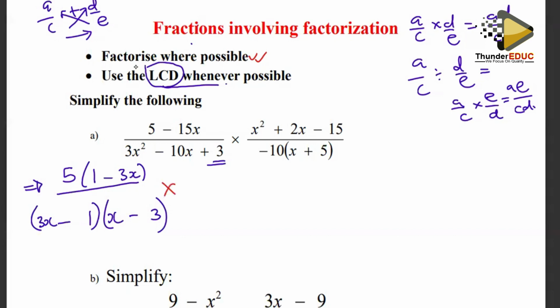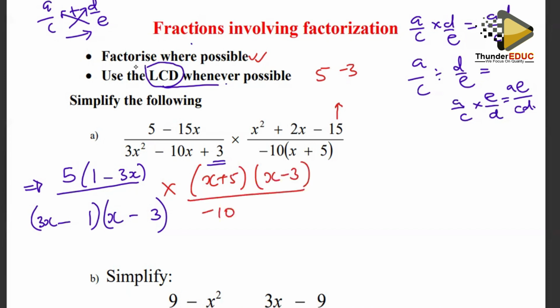Then times. It's a trinomial. Numbers I multiply to give me 15 could be a 5 and a 3. Let me make the 3 negative because when I add, I must get a positive 2. So that's going to be x plus 5 and then x minus 3. The bottom part is already factorized for us, which is x plus 5. Is there anything that needs to be done? I guess there is.